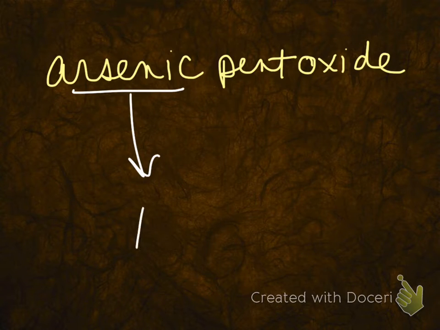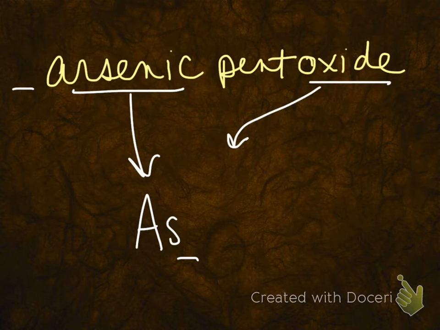Arsenic pentoxide. Well, arsenic, we know, is As. What's the subscript? Well, what's the prefix? There is none, so the subscript is 1. Oxide means we're dealing with an oxygen atom here, and pent is penta with the A dropped because we're joining it with oxygen.